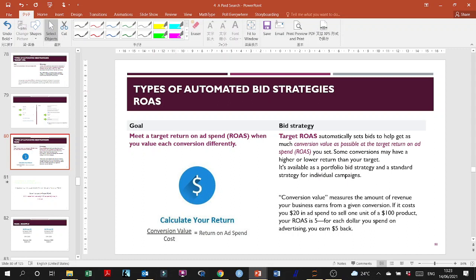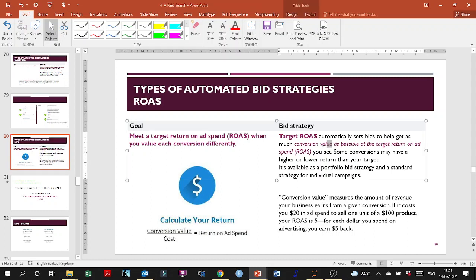Now let's talk about types of automated bid strategies. Another type of automated bid strategy we're going to talk about is return on ad spend. Target return on ad spend automatically sets bids to help get as much conversion value as possible at the target return on ad spend.